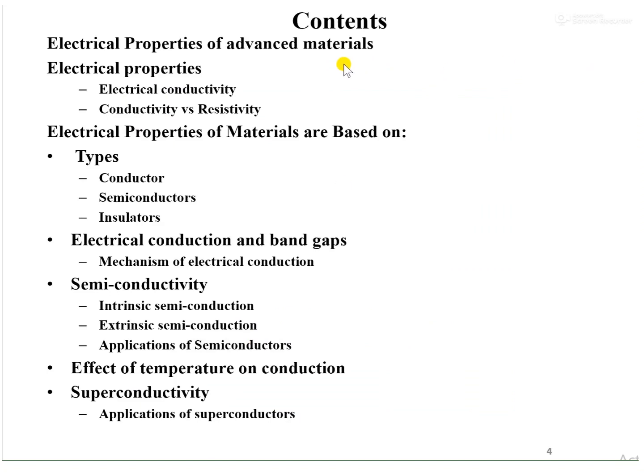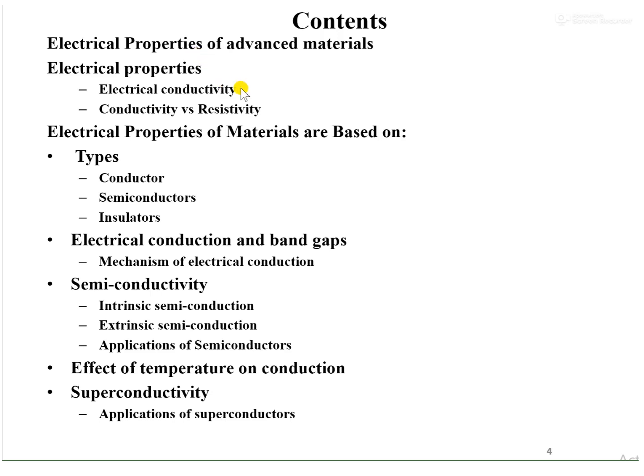So in this lecture, these are the contents that we will discuss. First, our main topic is electrical properties of advanced materials. When we talk about electrical properties, these are related to electricity or electrical conductivity.